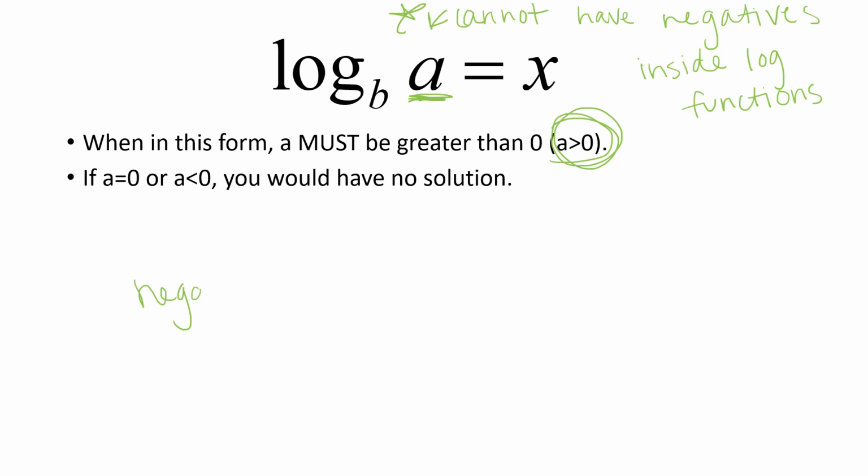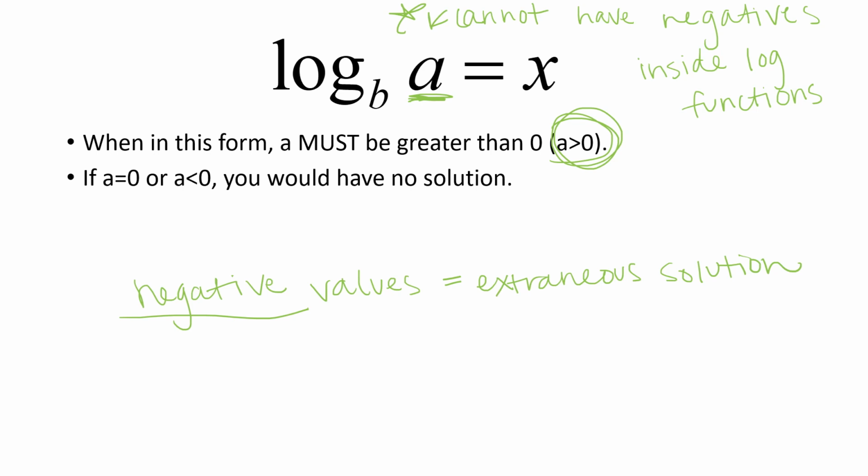So maybe something you want to write down in your notes: negative values inside of the logs equals extraneous solution. That means if I ever get a negative value for this a in here, I can right off the bat say it's extraneous. You cannot have negative numbers inside of your log.